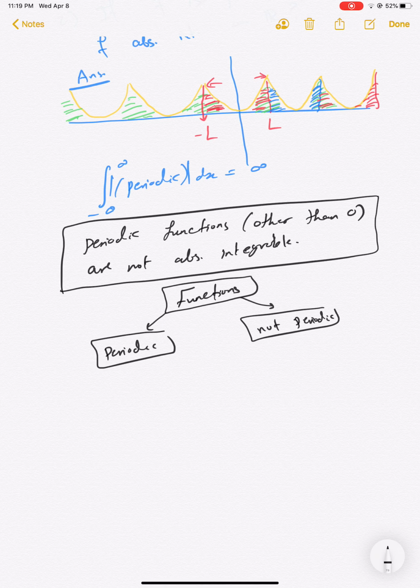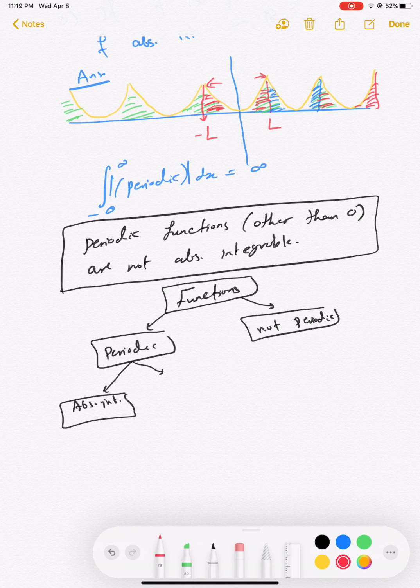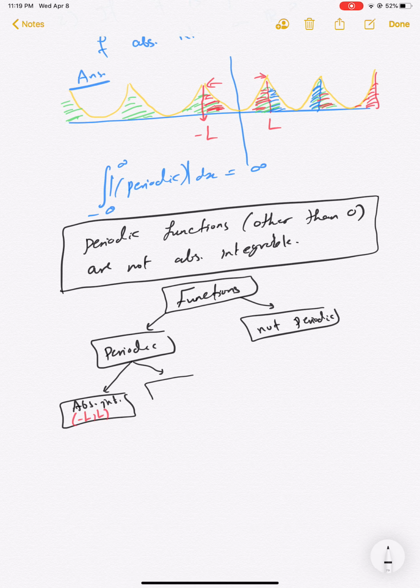Now, for periodic functions, some of them are absolutely integrable, but for periodic functions, I want them to be absolutely integrable only on the interval negative L to L. Some of them are not absolutely integrable. The same thing for the non-periodic functions. Some of them are absolutely integrable, but on the real line. Some of them are not.